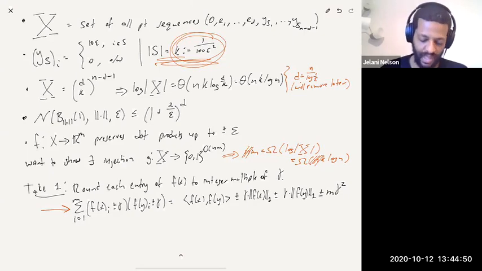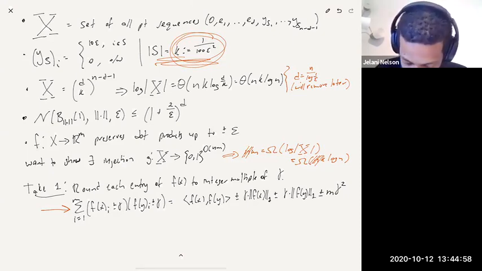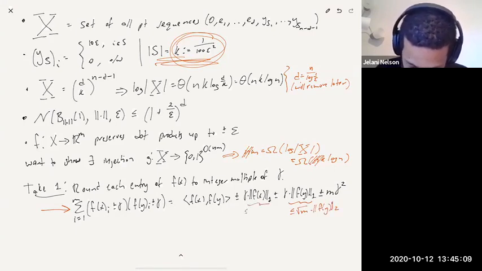And now I'll use Cauchy-Schwarz. Cauchy-Schwarz says the L1 norm is at most the square root of the dimension times the L2 norm. So this thing is at most root the dimension times the L2 norm. Same thing here: this is at most root dimension times the L2 norm of f of x.